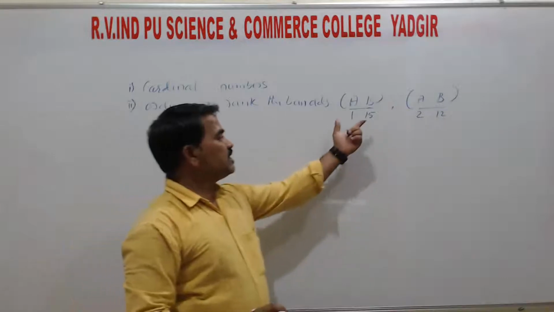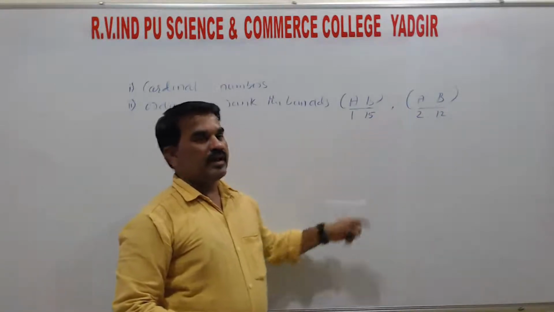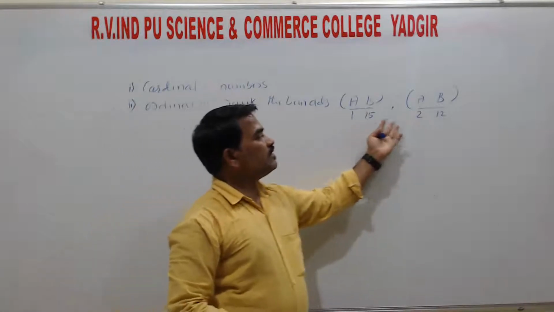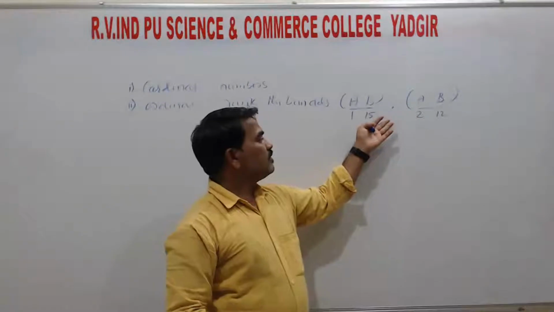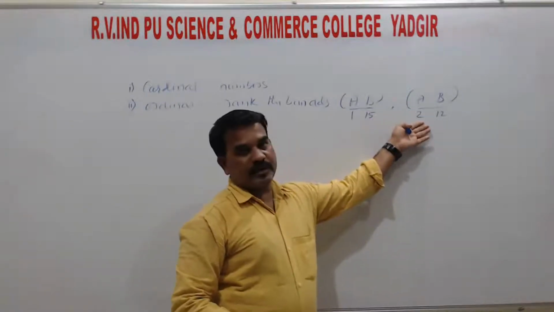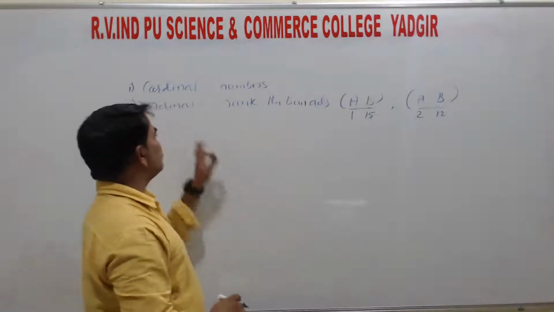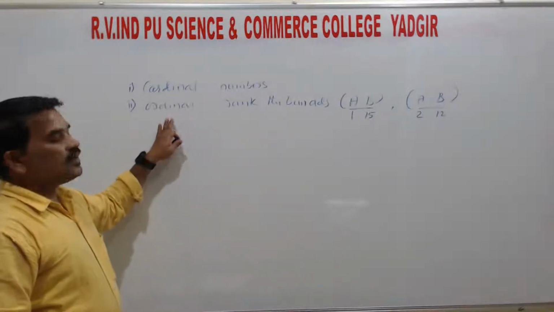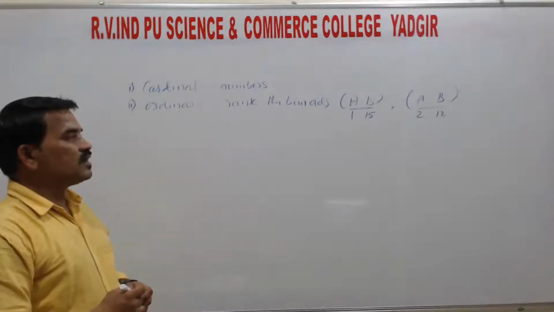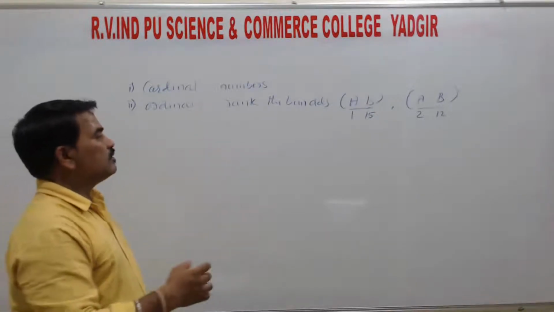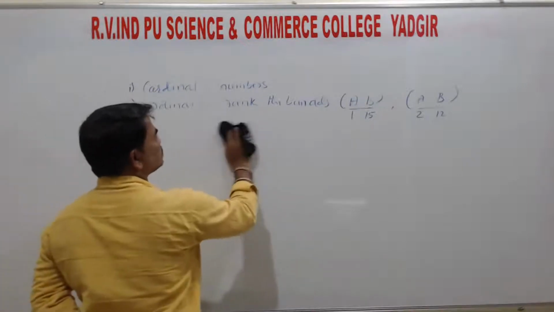When he consumes this bundle and this bundle both, he can rank between these two bundles, whether he got more satisfied when he consumed this bundle or this bundle. In this way, we will try to understand the satisfaction of the consumer by ranking the bundles.